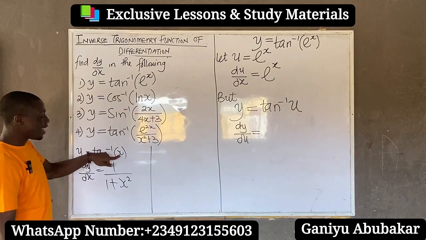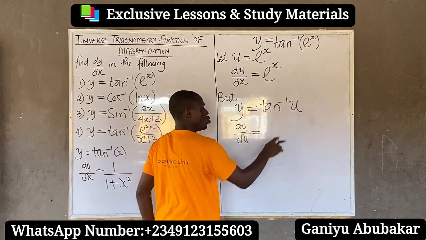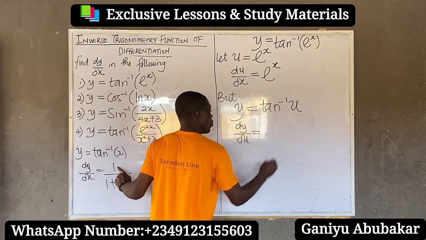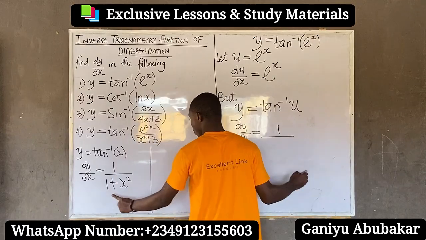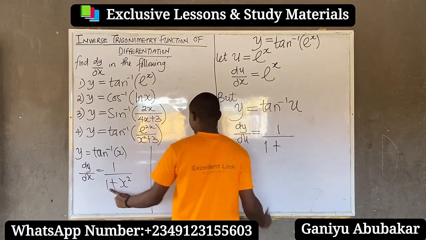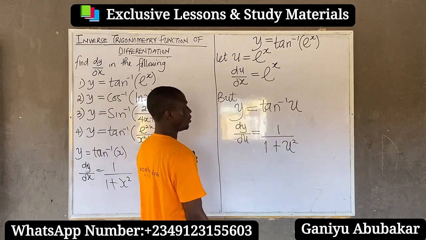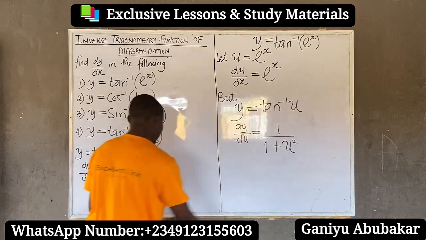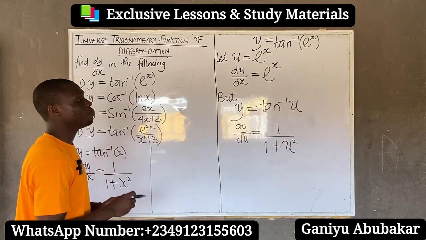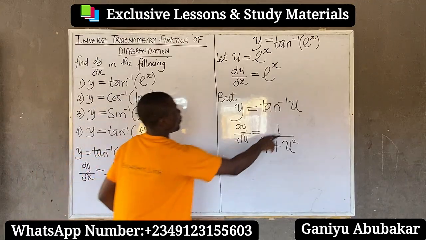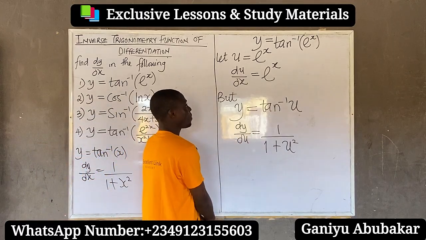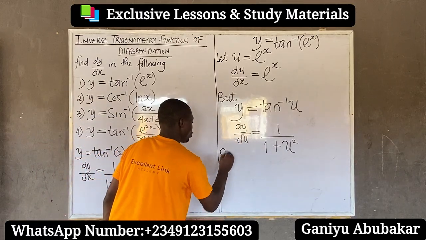Here was x, here is now u. So that will give me 1 all over 1 plus u squared. The same stuff, but a different variable used. Now, my next task here is to use chain rule.